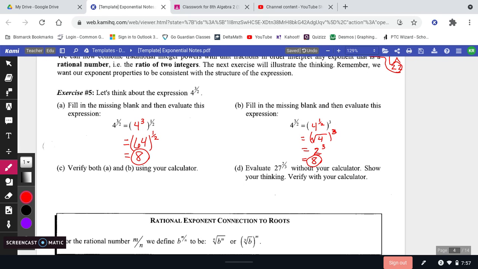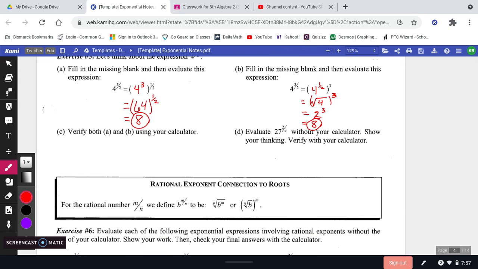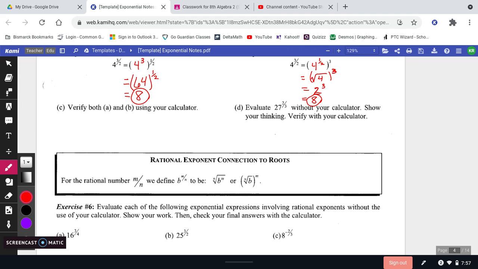Okay, and then C, you can verify that using your calculator. You can do your 4 cubed, take it to the 1/2 power, and so on. Okay, so this one, 27 to the 2/3. We can do the same kind of thing, whichever way you want to write it.